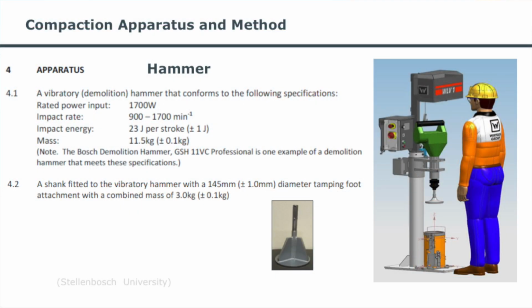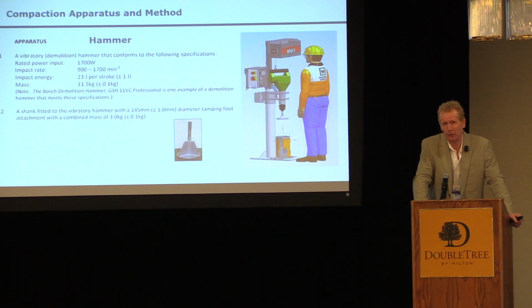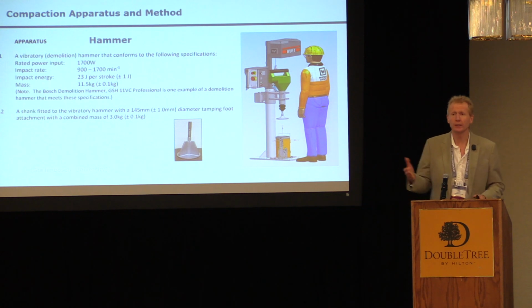As I mentioned a little earlier, one of the new introductions to the mix design system has been this vibrating hammer. It is not something completely new. Countries like New Zealand and Australia have been using it, but there hasn't really been specification values provided in those places.